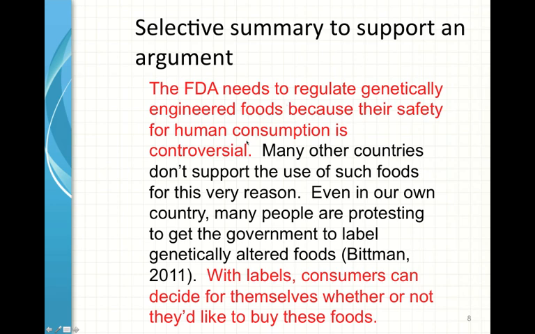Additionally, at the end of the paragraph, the writer expresses that when you have labels, it gives consumers better choice about whether or not they'd like to buy these foods. Again, what's happening here is that the writer is using the things Bittman said about genetically engineered foods to support their own ideas of what the FDA should do regarding genetically engineered foods.